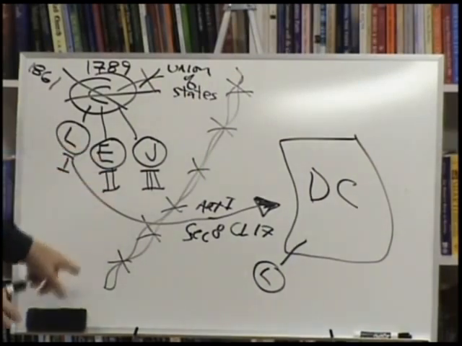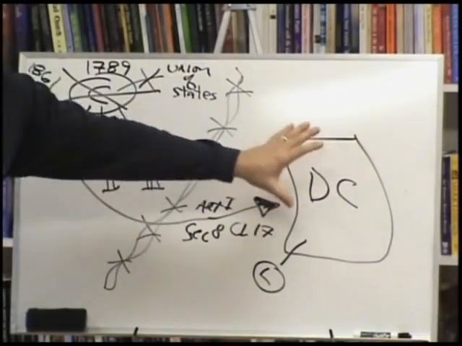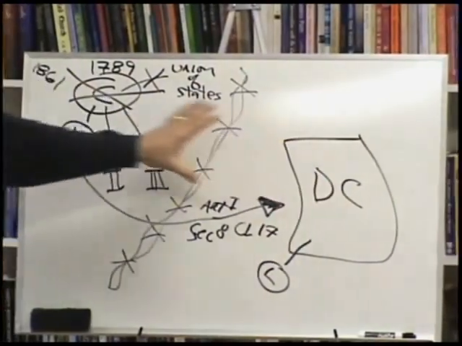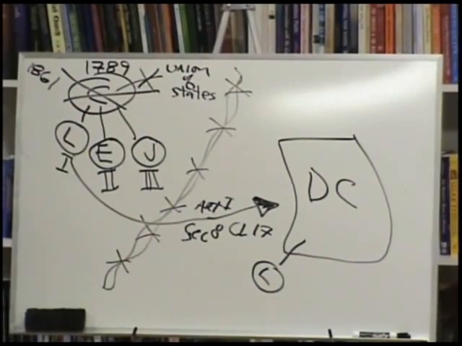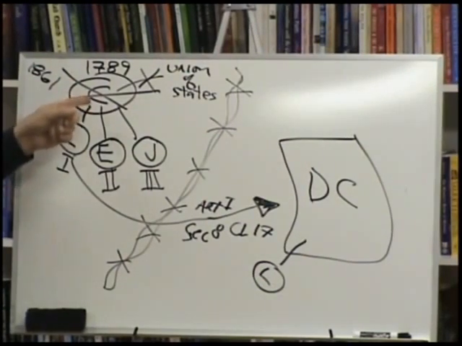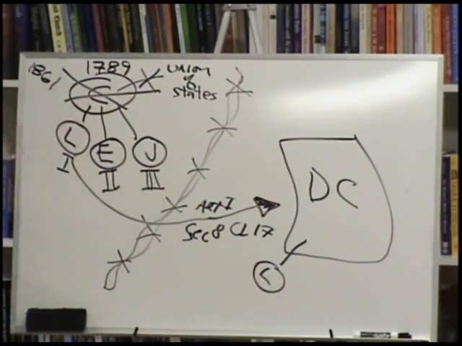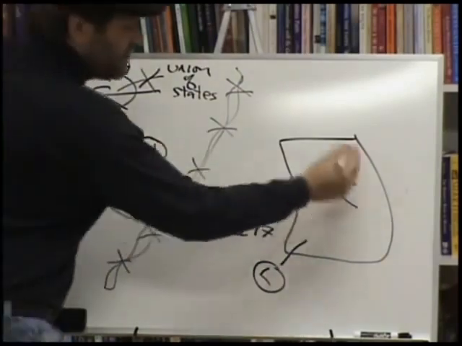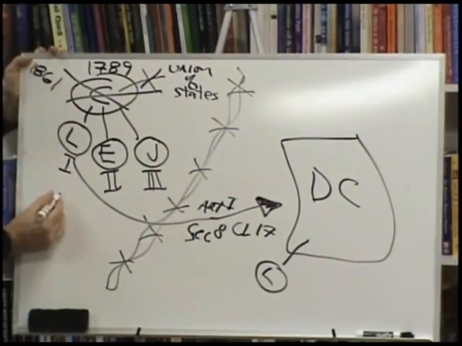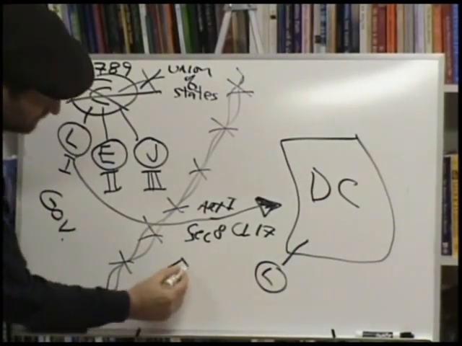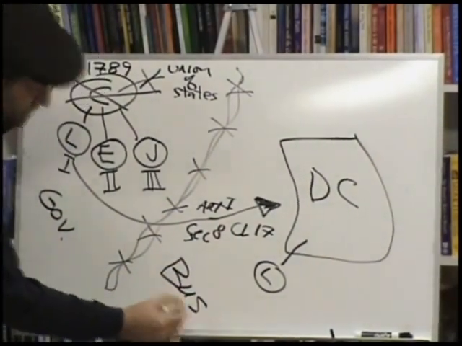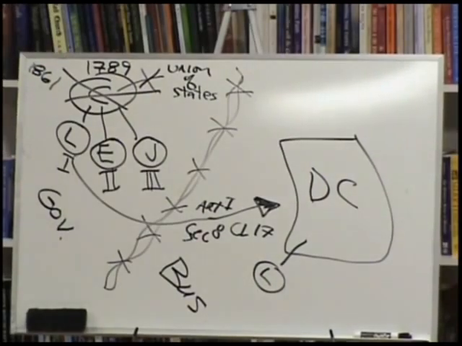Now, think of this. Before I go any further, is this municipal corporation on the same side of the fence as the government used to be? No, it's not. In fact, this side over here, we're going to call government. This side over here, we're going to call business. There's a giant difference, folks. Giant difference.